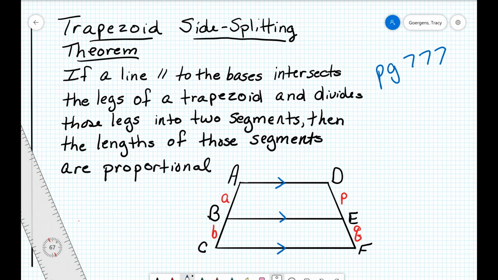And what it's telling us is that if we have a trapezoid, and we have a line that divides the legs into two segments, all right? And when it does that, if all three parts of these are parallel, all right, so notice that I have all of these as parallel, then we can say that these sides are proportional.